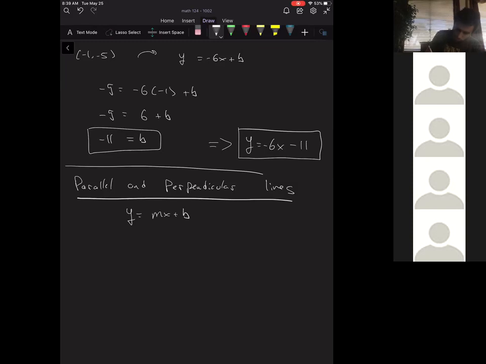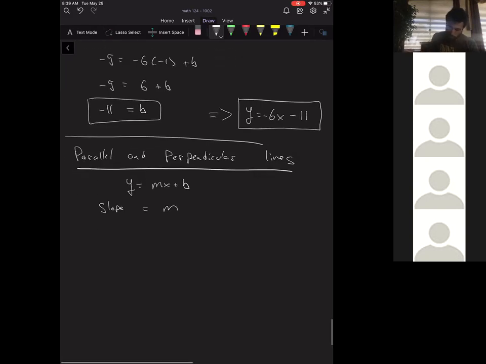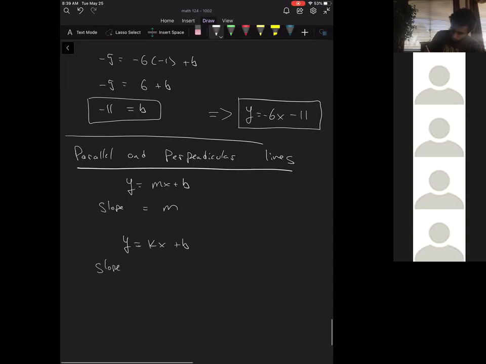So we know the slope of this line is equal to m. So now let's say we have another line, y is equal to kx plus b. So we know the slope of this line is going to be equal to k. It's just always the number attached to x.